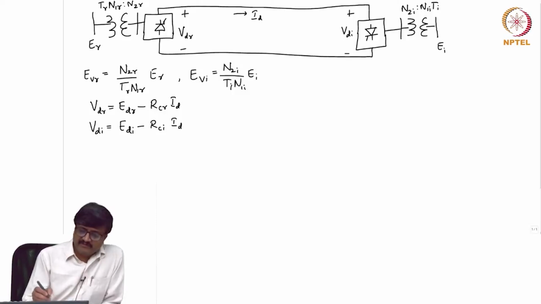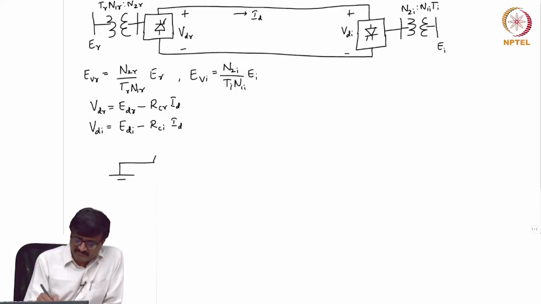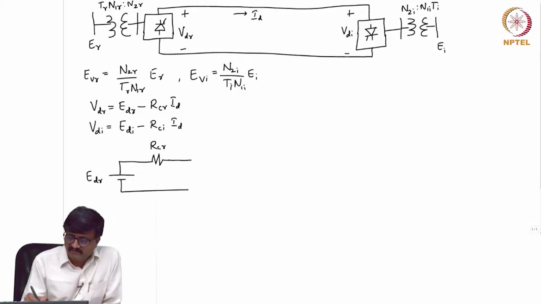So, if we try to draw an equivalent circuit corresponding to these last two equations, I have a voltage source in series with a resistance. The voltage source is EDR, the resistance is RCR, and the current is ID.